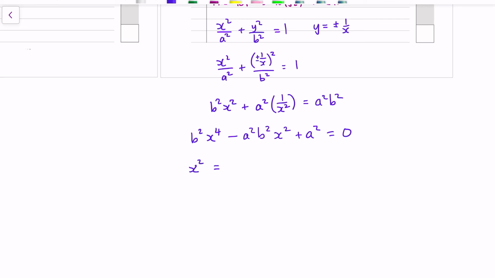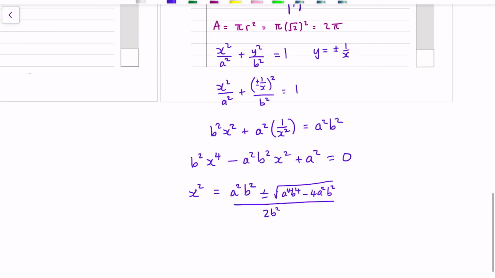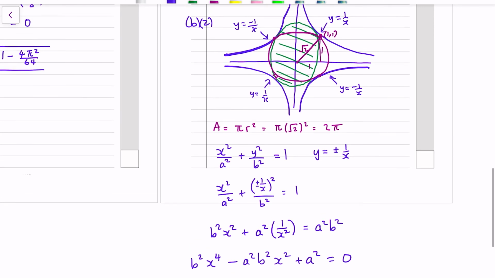x squared equals a squared b squared plus or minus the square root of a to the 4 b to the 4 minus 4a squared b squared, all over 2b squared. And then if we want there to only be a certain number of intersection points, there's only going to be 2 x intersection points.